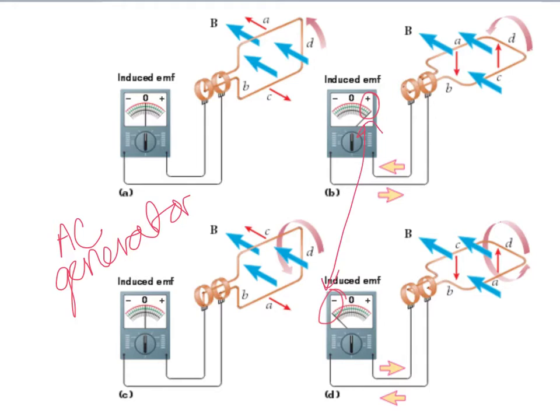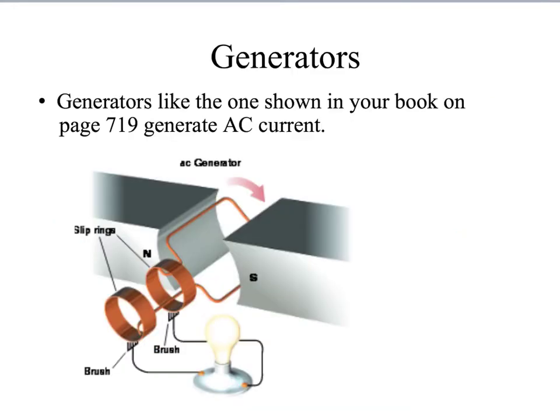Generators like this always generate AC current. It requires two separate rings here, and they connect with these metal brushes so that they're always conducting electric current. And it will just keep turning.